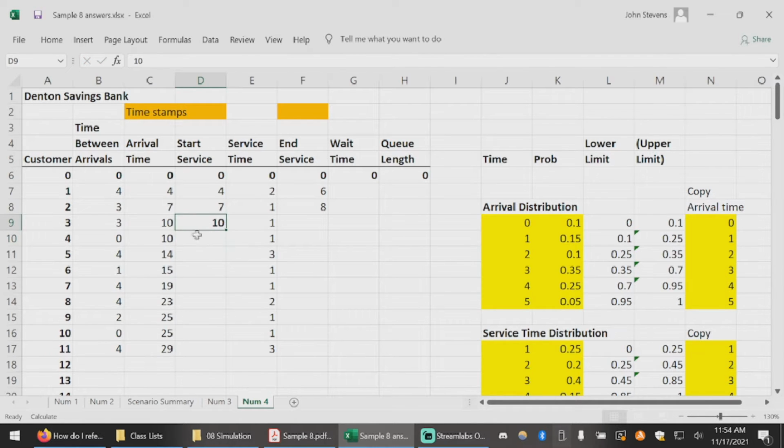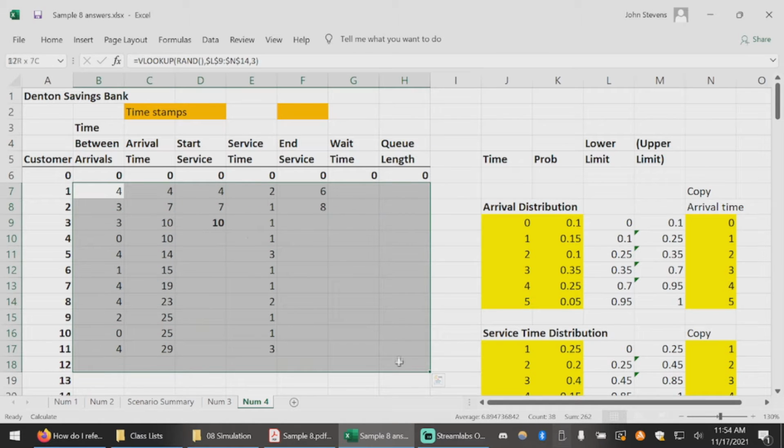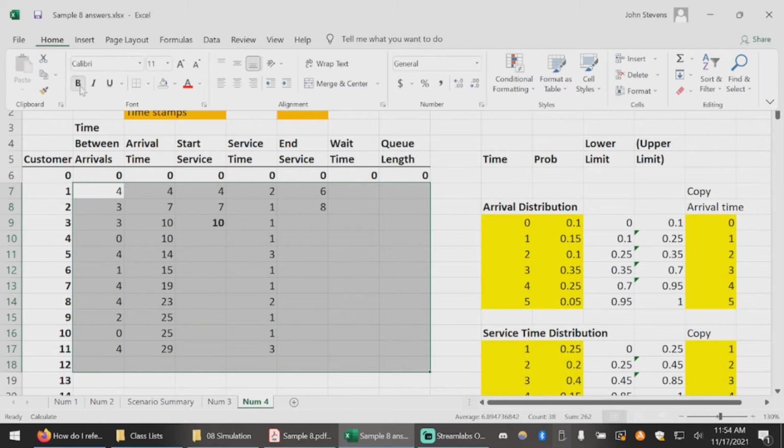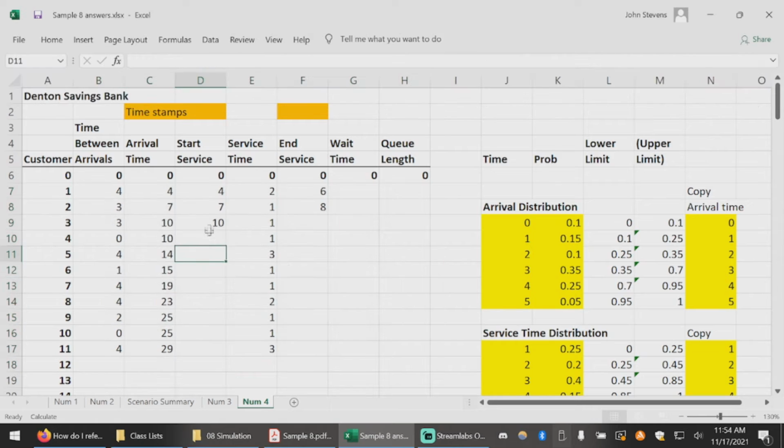Why is that bold? No, don't make it bold. I know it's an impressive number, but it's not bold. Minute 10. It takes them to minute 11 to actually finish their service.